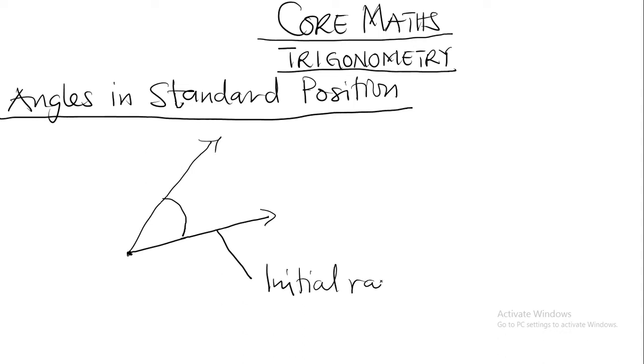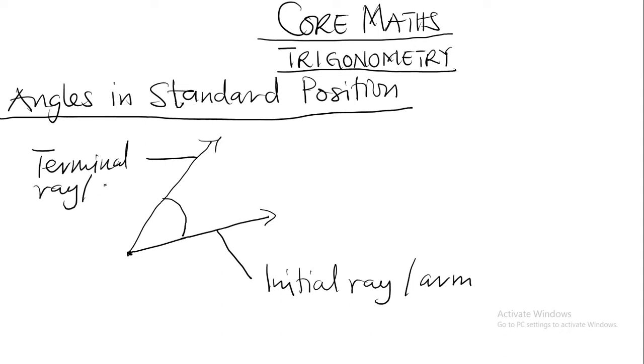It's at times also called the initial arm. And then this ray, where the angle ends, is called the terminal ray or the terminal arm. The point of intersection is called the vertex. So this is the angle theta.